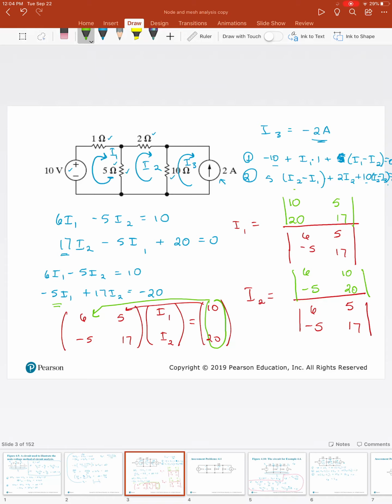So I1 will be 10 times 17 minus minus 5 times minus 20, over 6 times 17 minus minus 5 times minus 5.